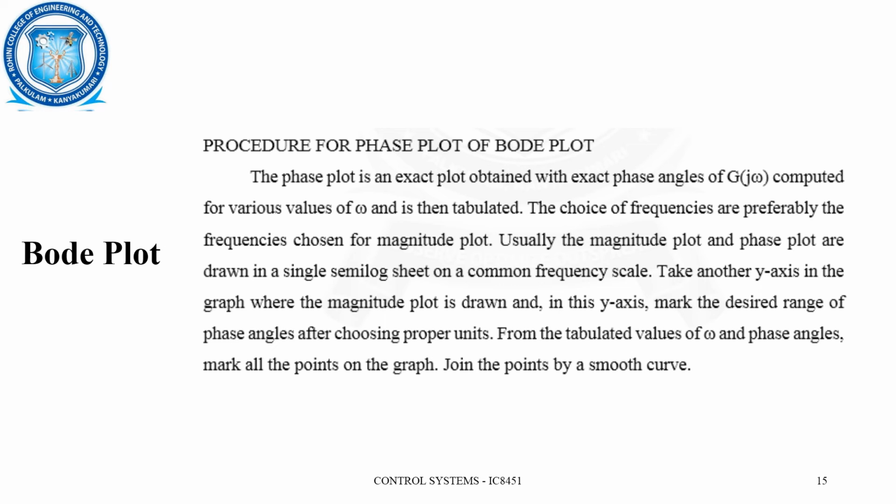Then we have to draw the second y-axis for the phase angles, because we have calculated the total phase angle for the given transfer function, and this can be taken as a y-axis with respect to the same omega values which we have tabulated. We can mark all the points, and by joining those points, we'll get a smooth curve. This is how the phase plot of the Bode plot is drawn.